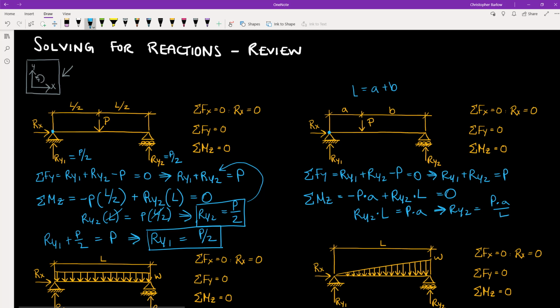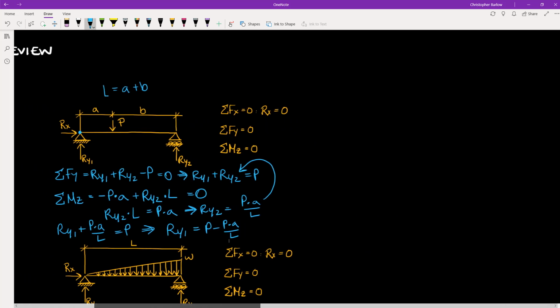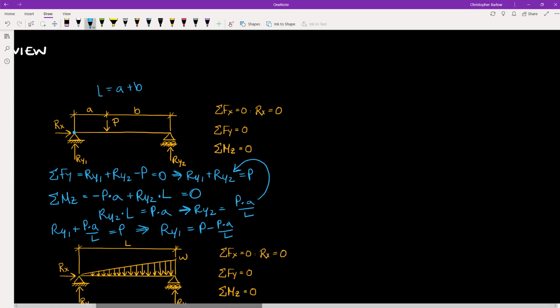As before, we plug this equation into here, and we get Ry1 plus P times a over L equal to P. And we can arrange that so that Ry1 is equal to P minus P times a over L. And we can take this further with a few more algebraic steps.